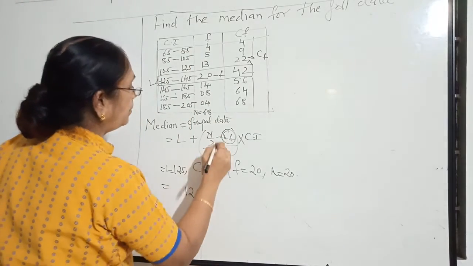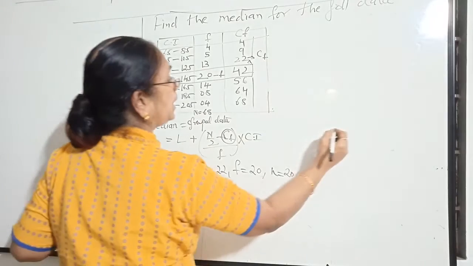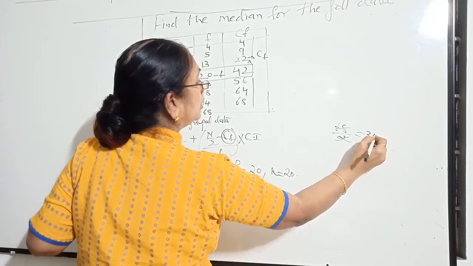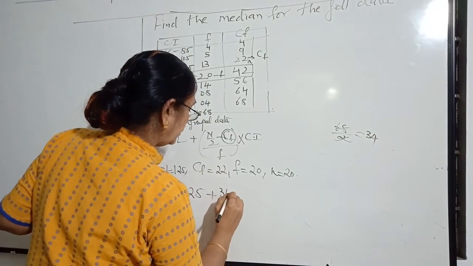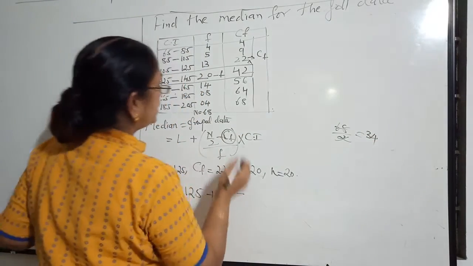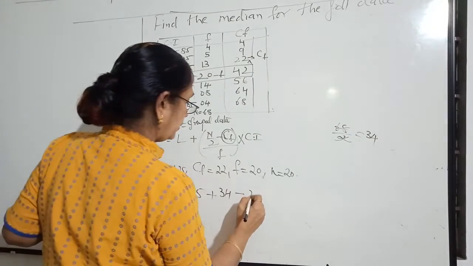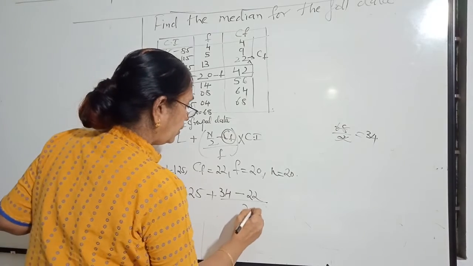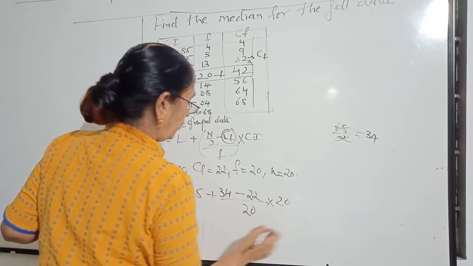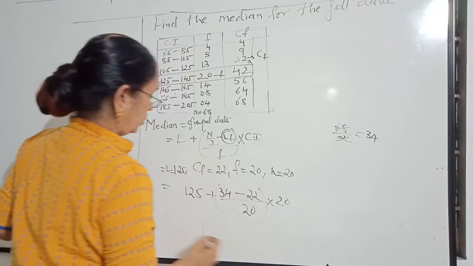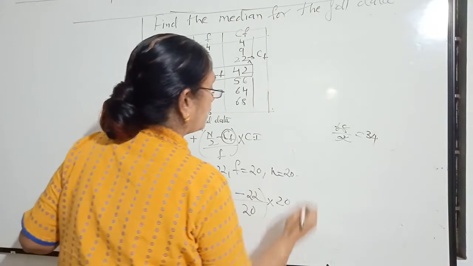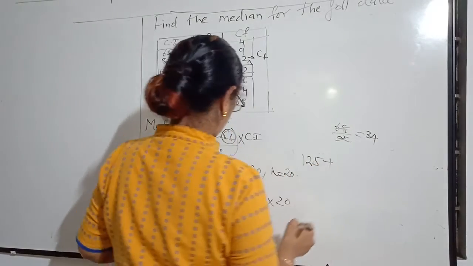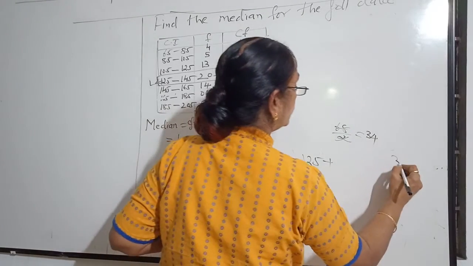N by 2, N is 68, by 2, 34, minus CF is 22, by 20 into 20. So this is 125 plus 34 minus 22.